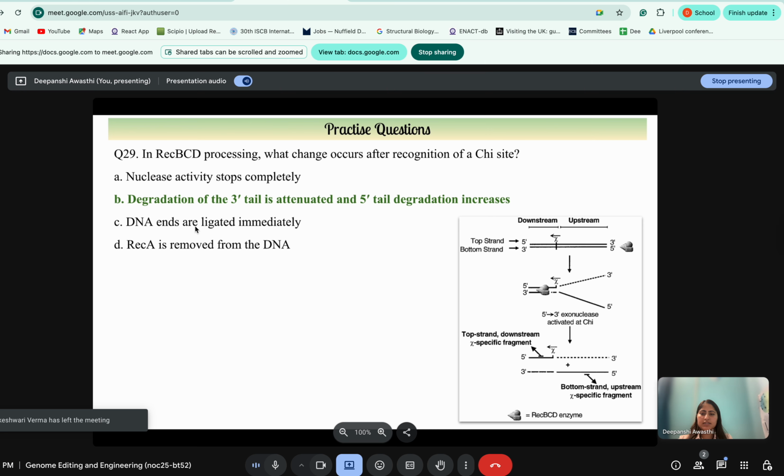And then option C, DNA ends are ligated immediately, so this is also not right. And then RecA is removed from the DNA. So this RecA, it loads after the RecBCD reaches the Chi site, so this is also not right. So that's why the right option is option B.